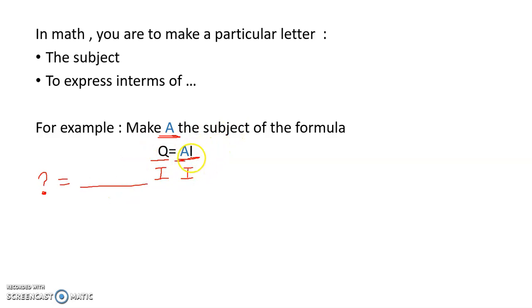I into I is one time, so you're left with one. And usually we don't write one in front of a letter or behind a letter. We just state the letter.